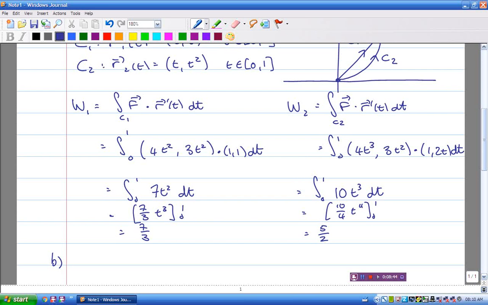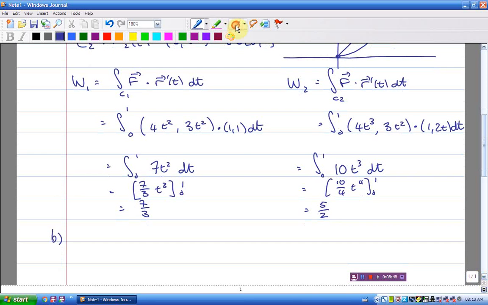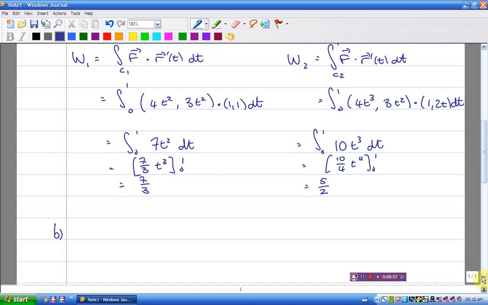Instead of 3x squared, we have 2x squared. And what you'll notice, I'll work through it, is that our work 1 and work 2 will actually end up being the same. And that's going to provide me with a little bit of a segue into the next section that we do, which is conservative vector fields. But let's just demonstrate.